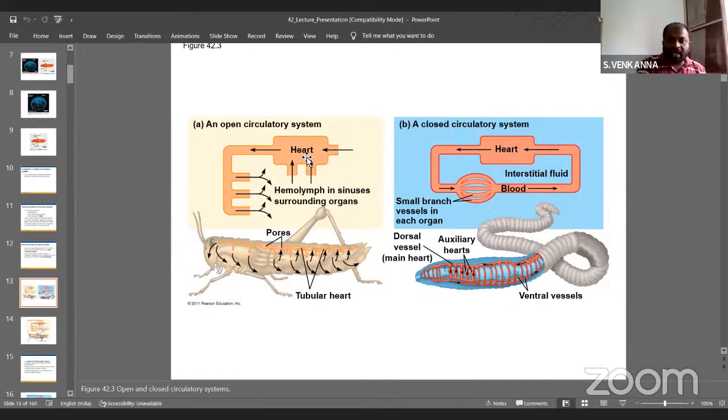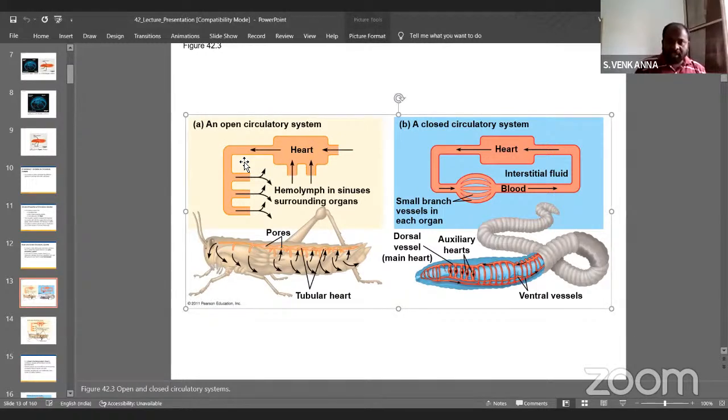See, this is the heart, and hemolymph is seen surrounding the organs. This is a clear image of an open circulatory system. Arthropods, including insects, crustaceans, and most molluscs, have an open circulatory system.